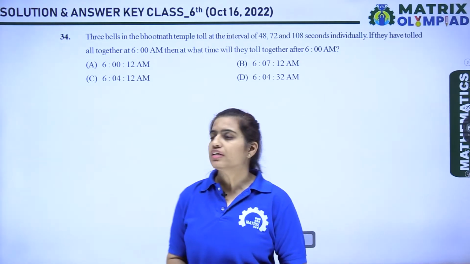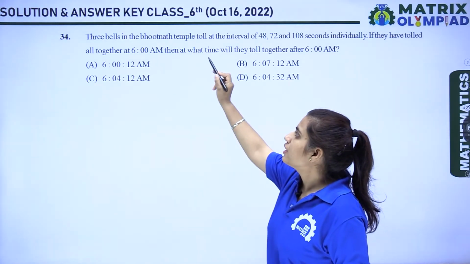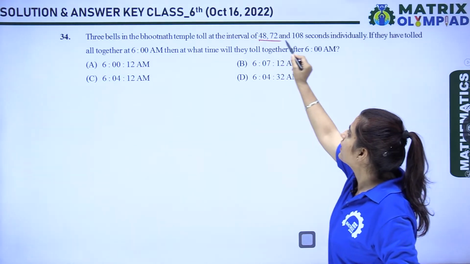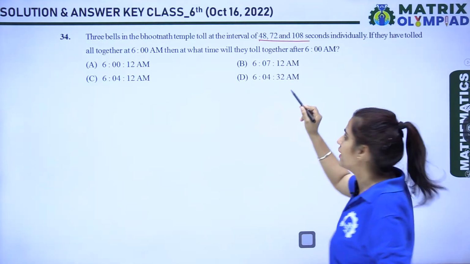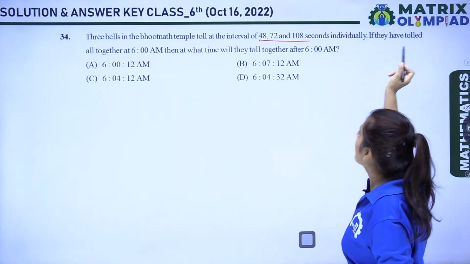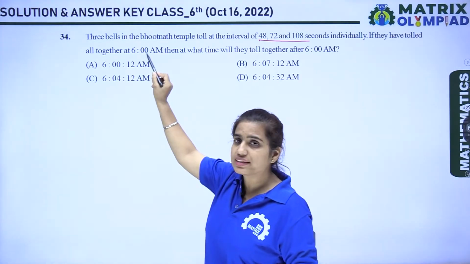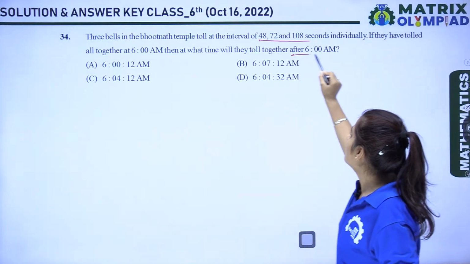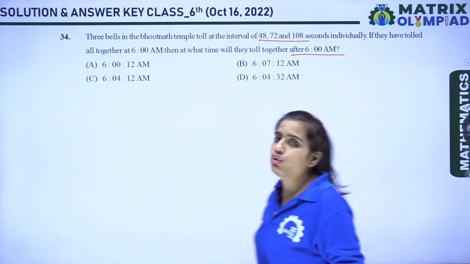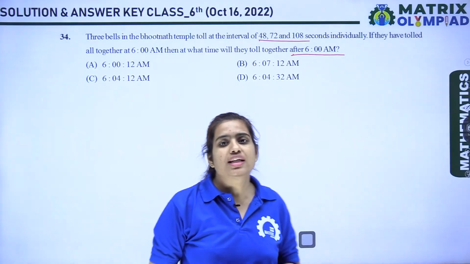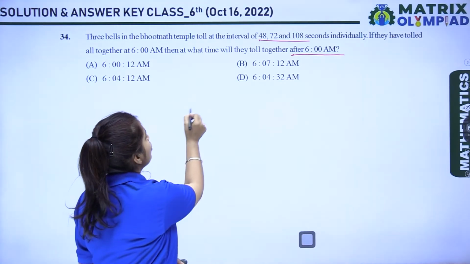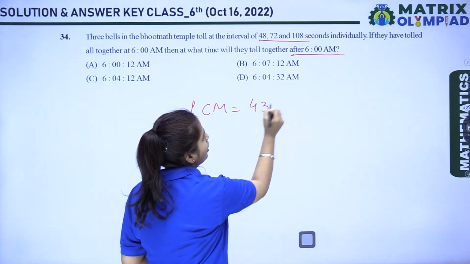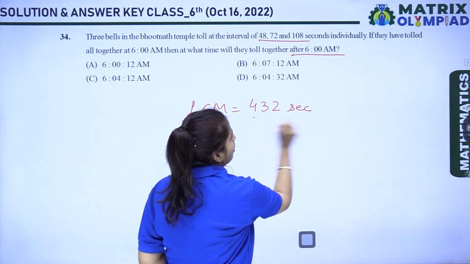Now let's begin with the next question. Three bells in the Bhutnath temple toll at intervals of 48, 72 and 108 seconds respectively. If they have tolled all together at 6 am, then at what time will they toll together after 6 am? Now we first have to find the LCM of these three numbers. The LCM is 432 seconds.